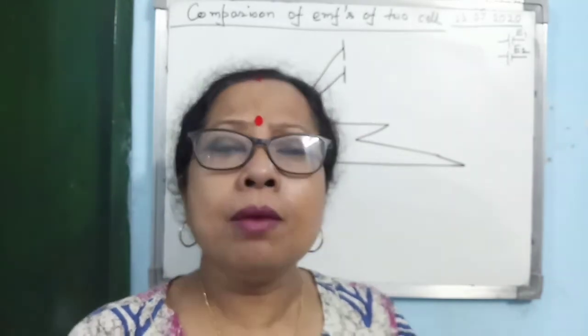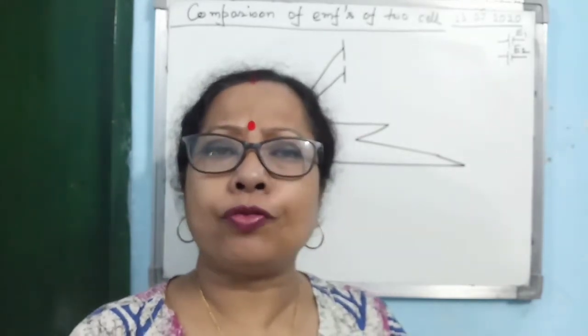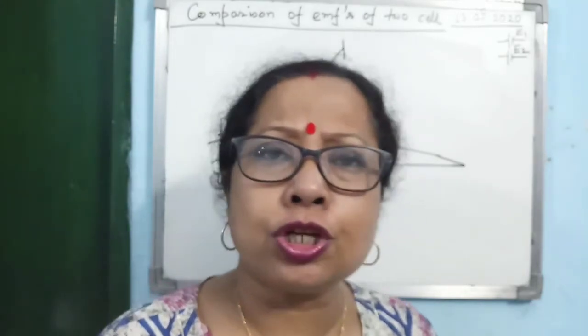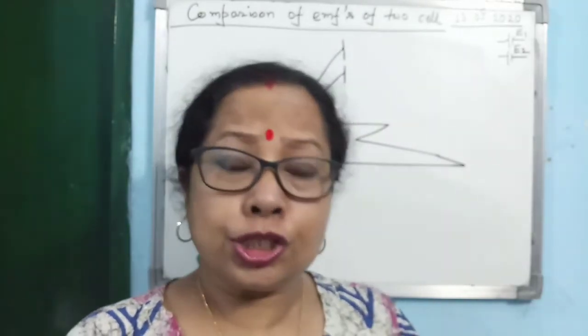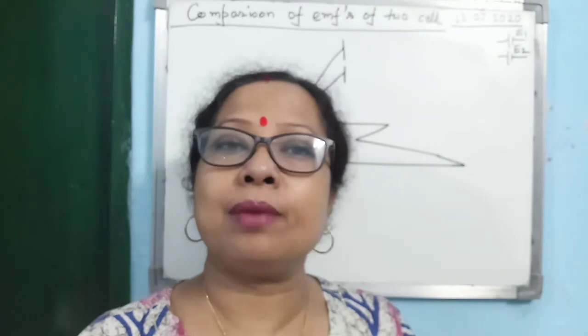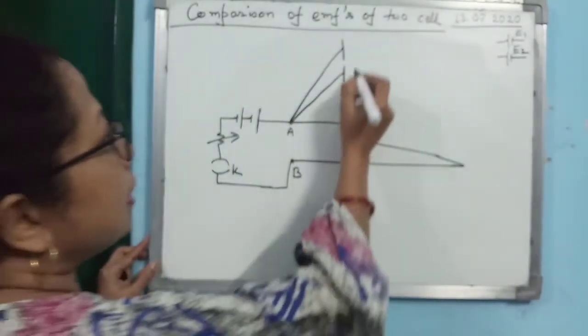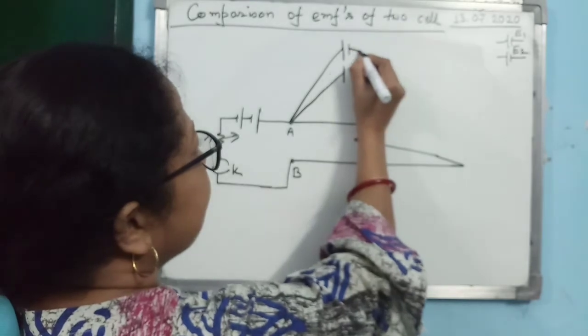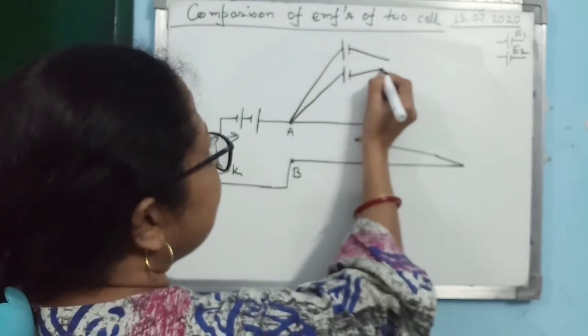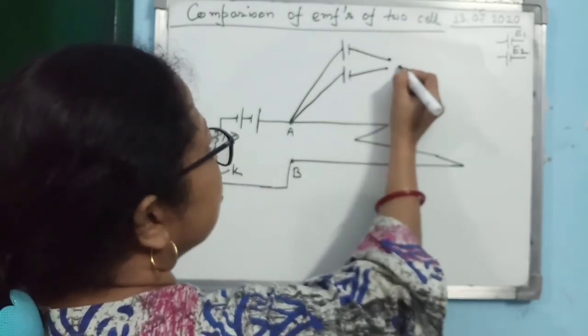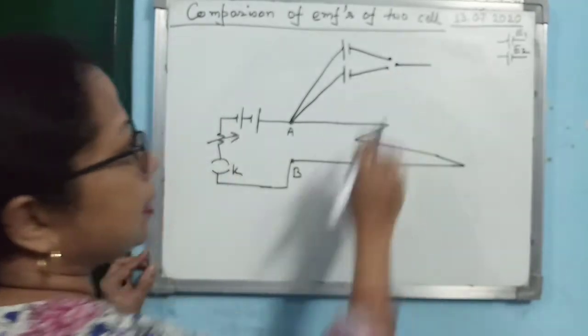I repeat, the positive terminals of all the cells in the potentiometer circuit should be connected to the same point. Now, the negative terminals you connect to a two-way key.